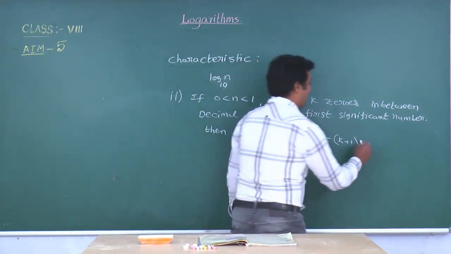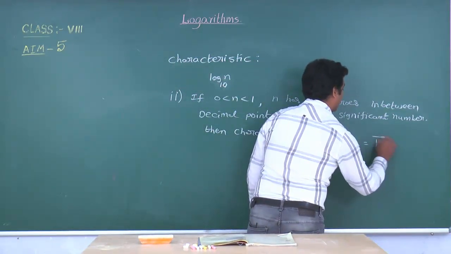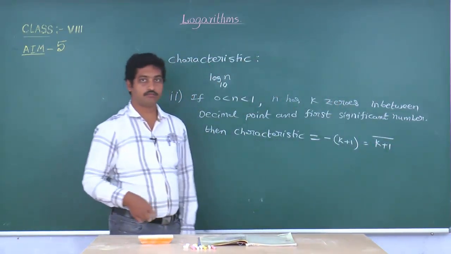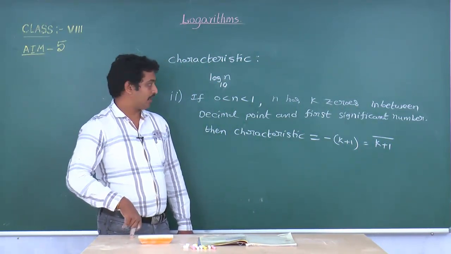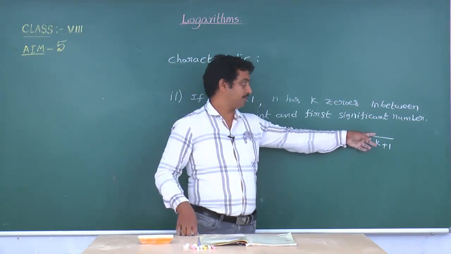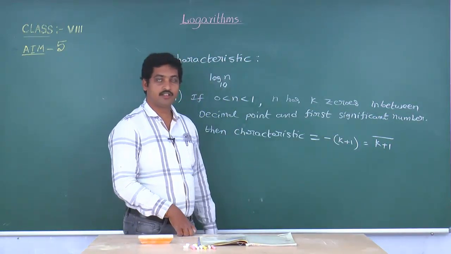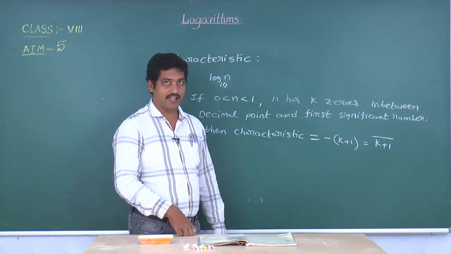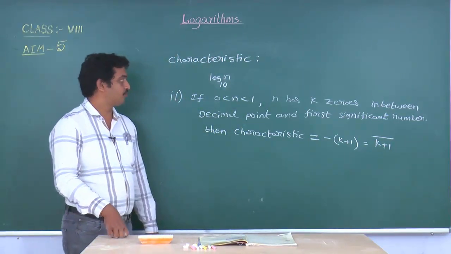It is denoted as k plus 1 bar. What is the need to keep that minus as the bar over that number? Later we will get the clarity. Let us remember these two rules once.